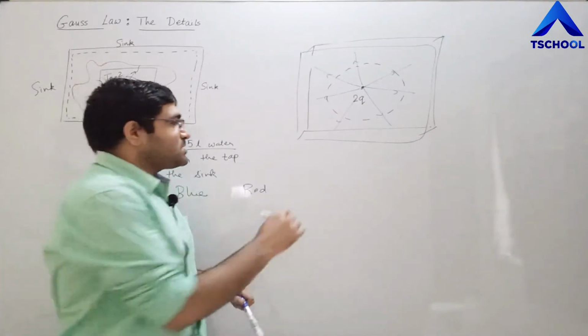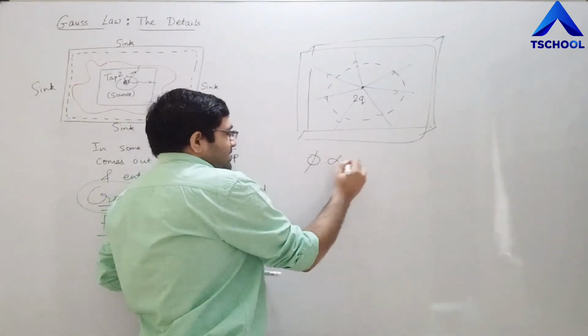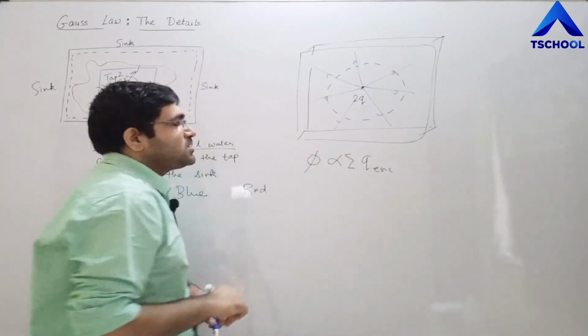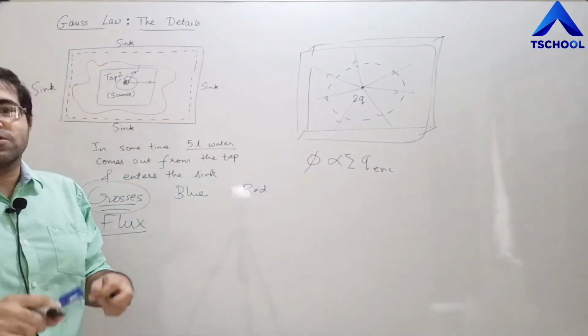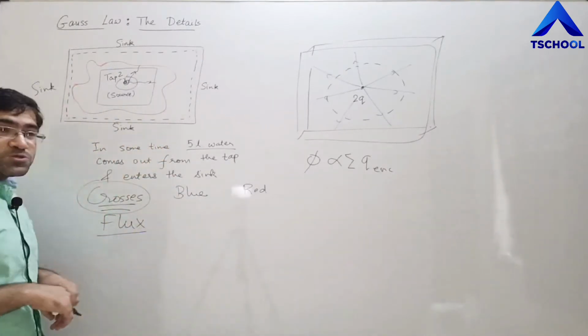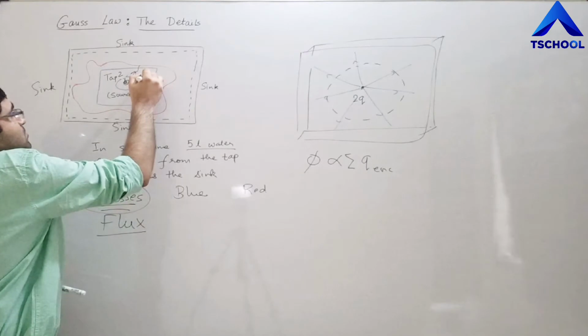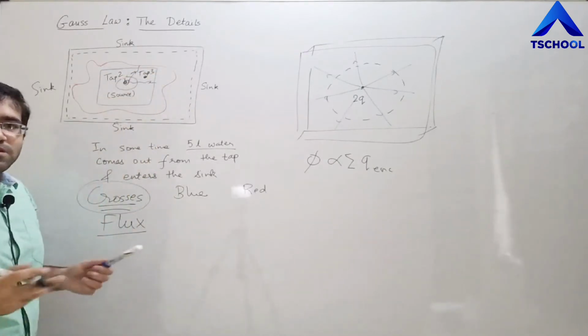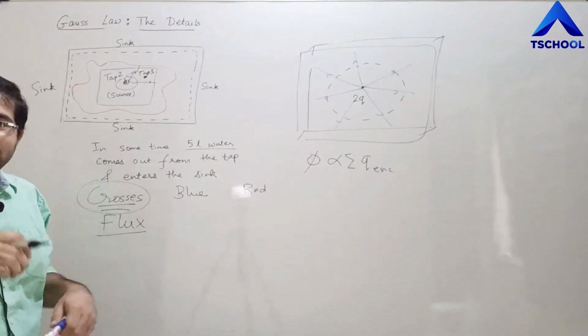Alright, so I hope it is quite clear that the flux for a closed surface should depend on the total charge inside it, right? See, the word total is also important. What if I put one more tap over there and turn it on?